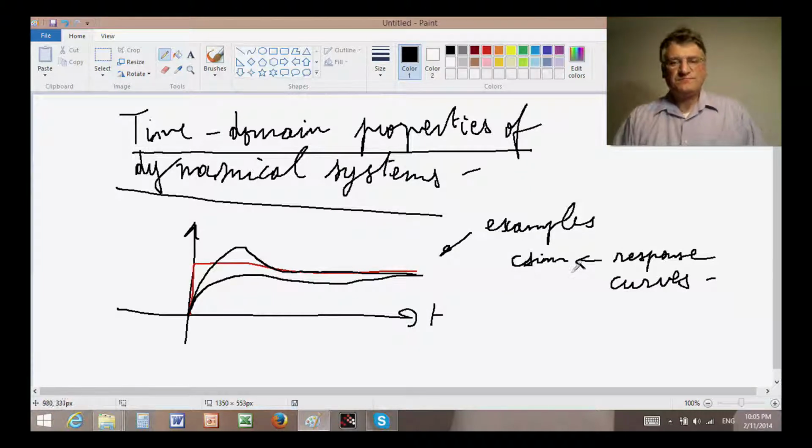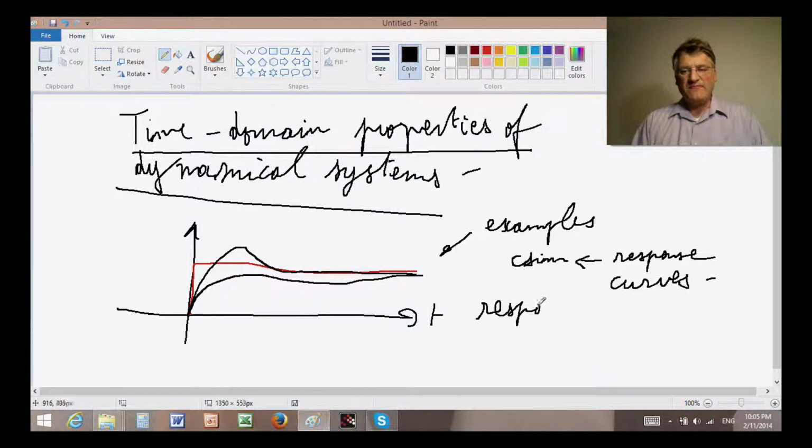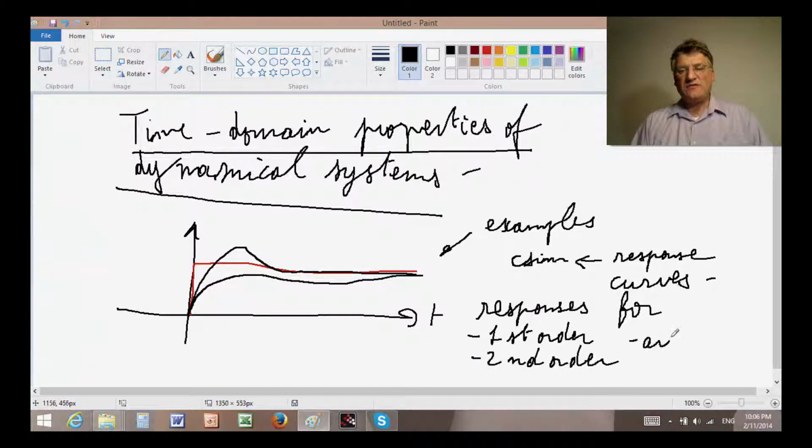Now, what we want to do is look more in depth at what the response looks like for first order systems, second order systems, and then arbitrary order.